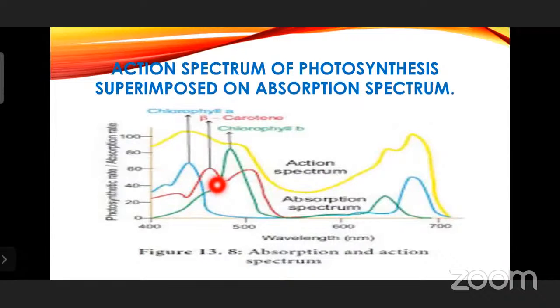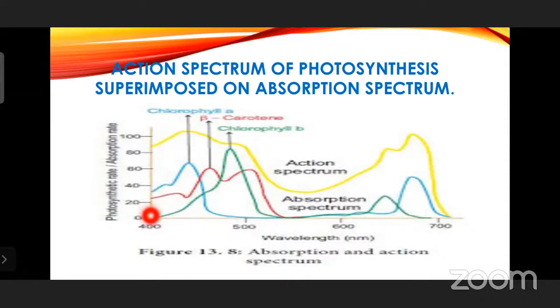So here you can see this one is the chlorophyll B, and this one is the chlorophyll A, and this one is the carotenoid. When we plot this one, this is called the absorption spectrum.